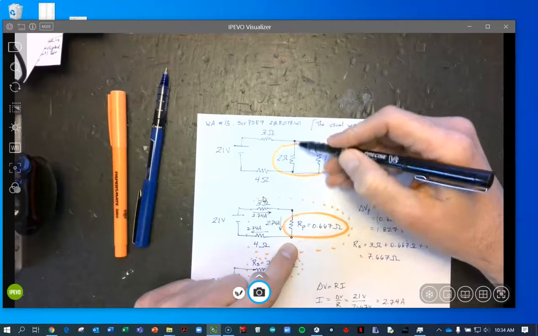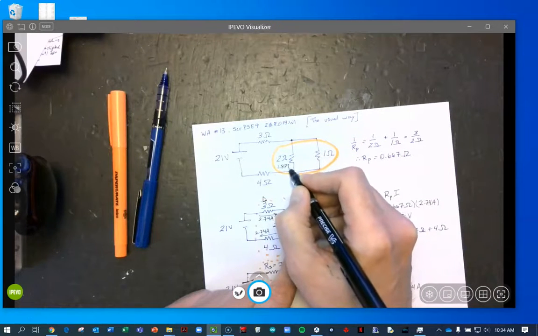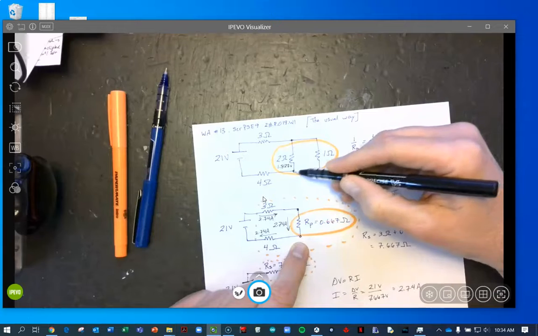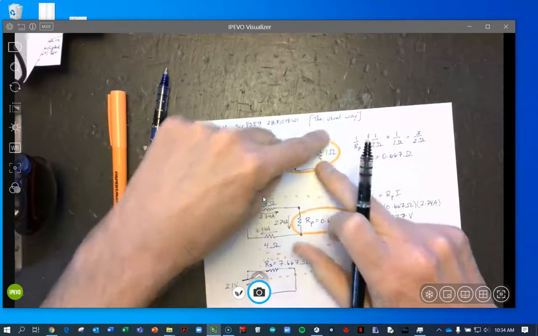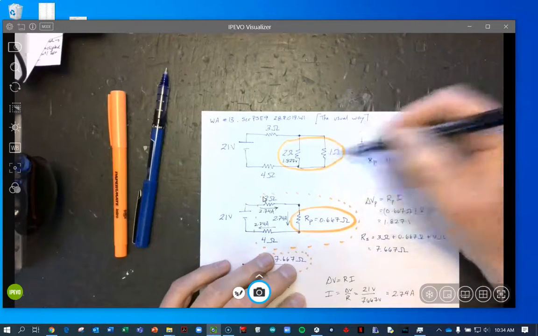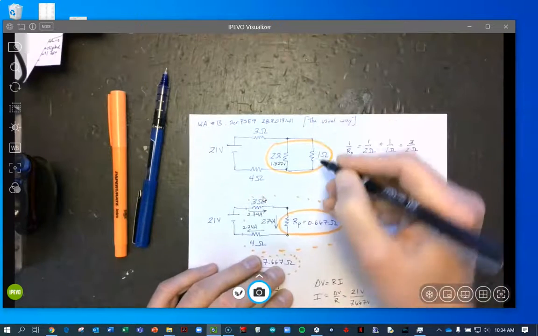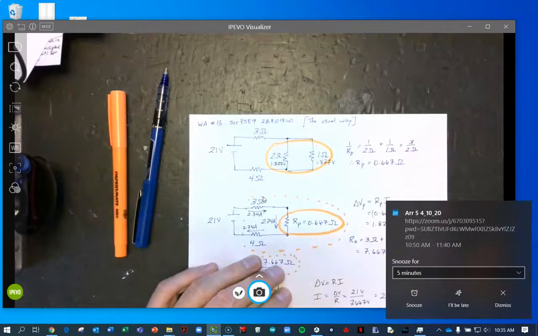Therefore, the voltage drop there is 1.827. And the voltage drop here is also 1.827 because the top and bottom sides of that 1 ohm resistor touch that. So this is 1.827 volts.